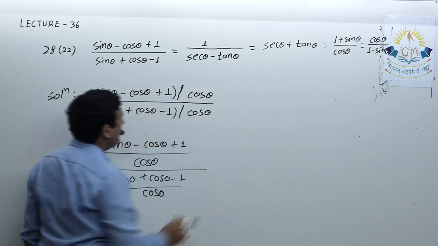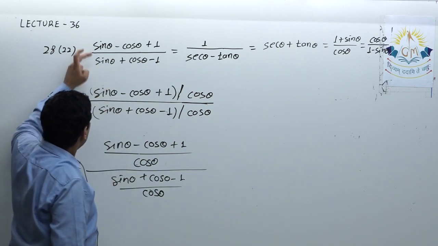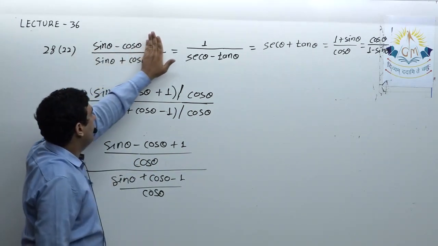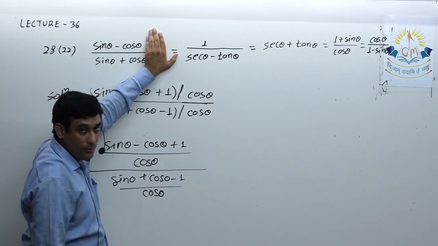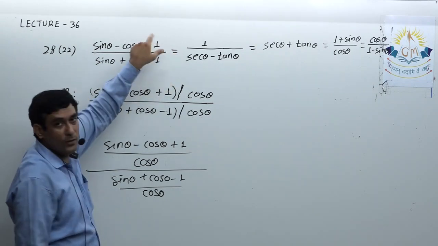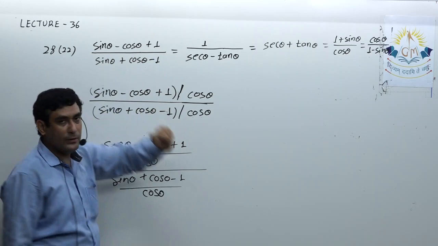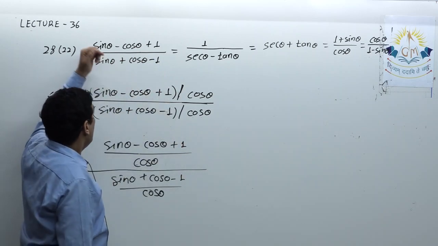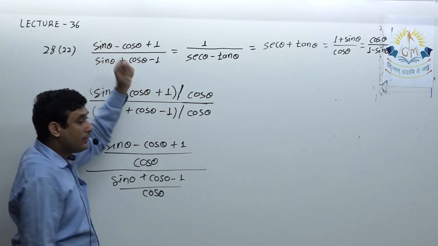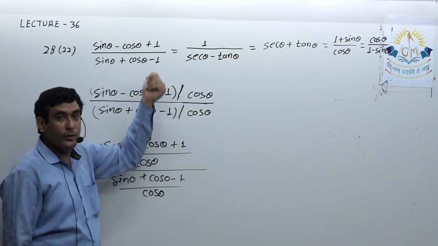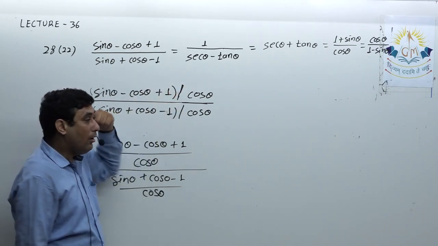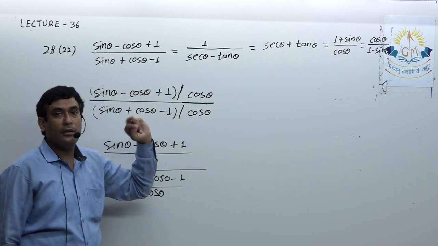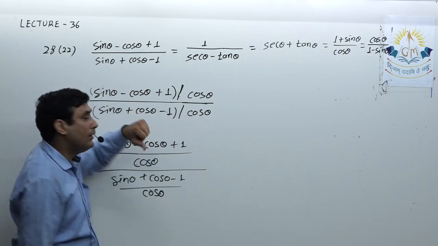The easier method is simply this: from the numerator and denominator, if we talk about only trigonometric ratios, not the plus 1 or minus 1, which trigonometric ratio has a different sign in the numerator and denominator?